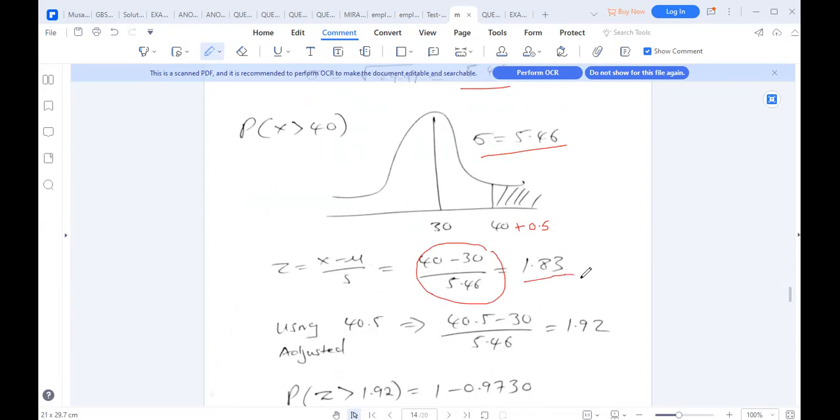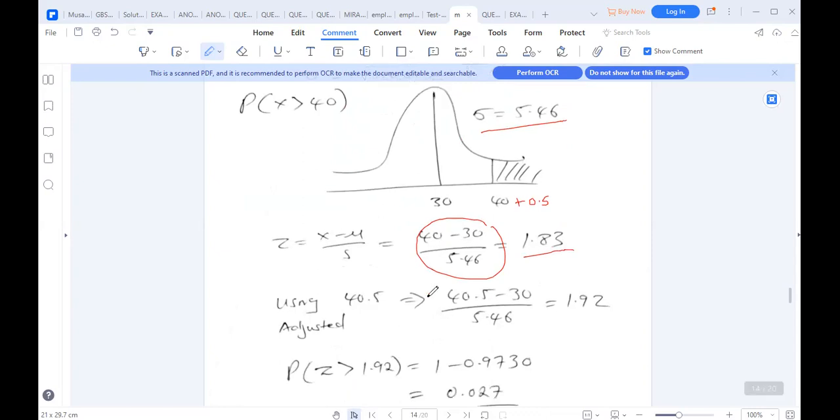If you do that, you get 1.83. But because it should be greater than 40, under binomial normal, we're going to use 40.5. So 40.5 minus 30, we're going to get 1.92.